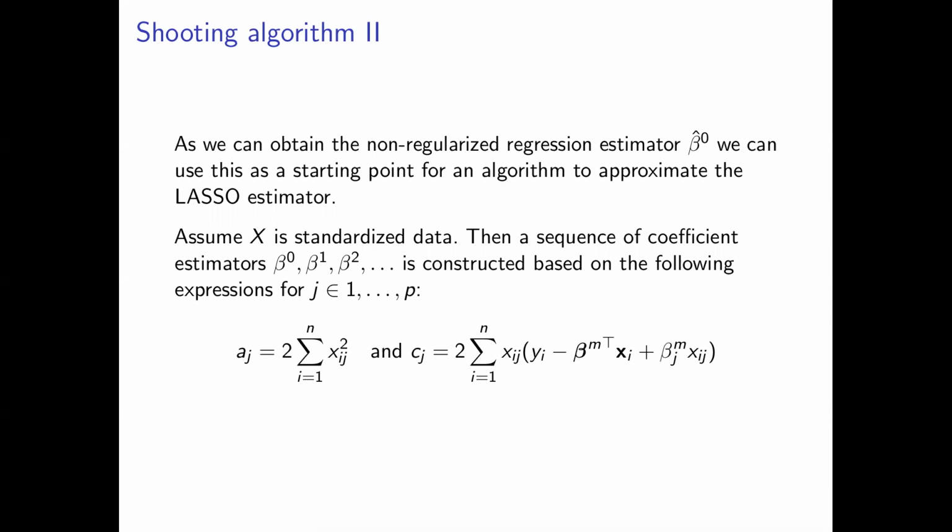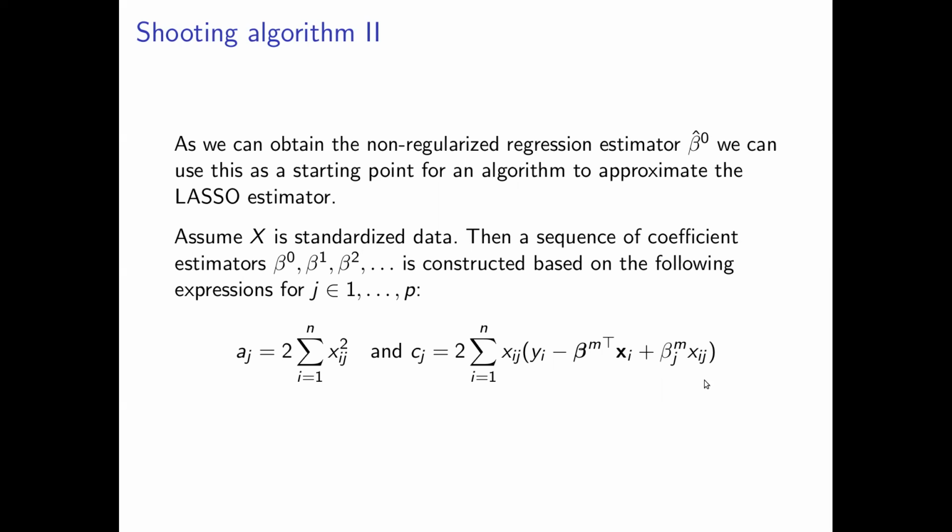We do this based on two auxiliary parts. The first part is 2 times the sum of the x_ij squared, summed over the whole y's. And the second part is 2 times the sum of x_ij times y_i minus the sum of beta_m x_im plus beta_j x_ij.